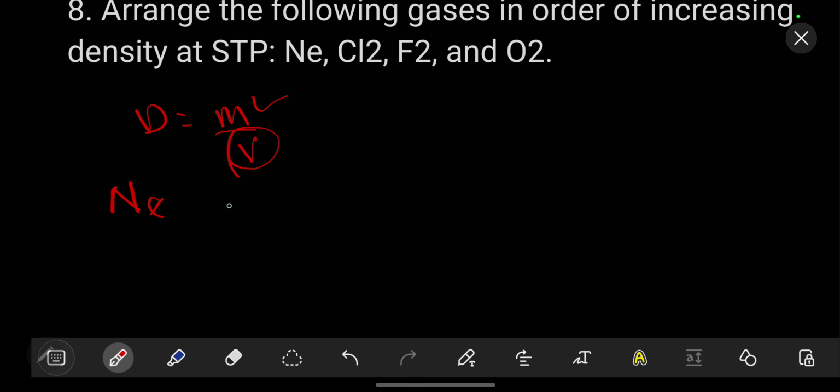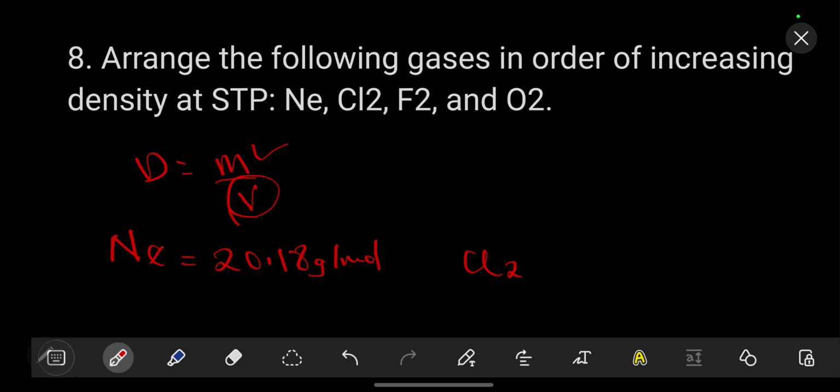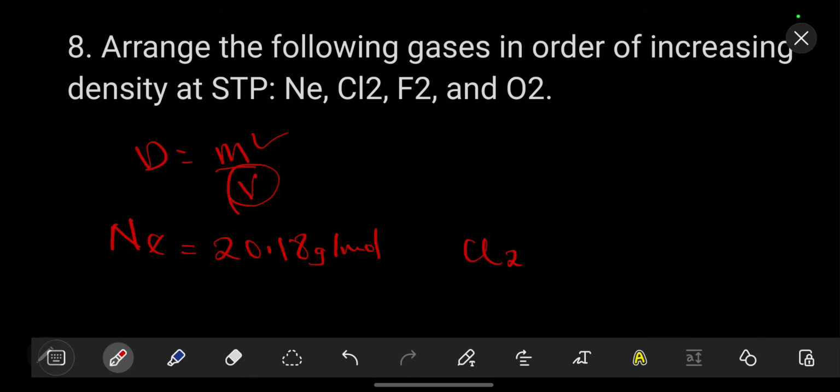Neon as a gas is monatomic, meaning it will just exist like that. The mass of neon, we know from our periodic table, is equal to 20.18 grams per mole. We go to chlorine. Chlorine is diatomic. The mass of chlorine on our periodic table is 35.45.